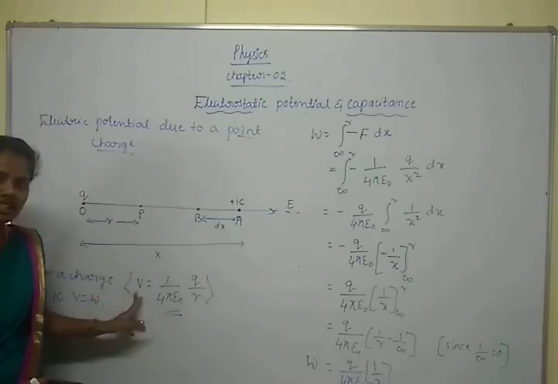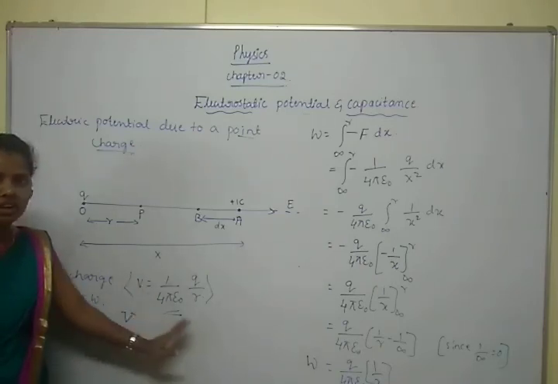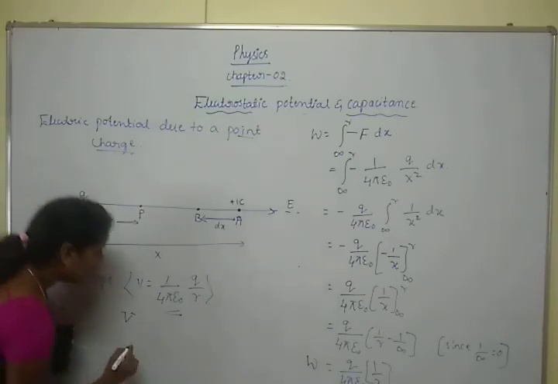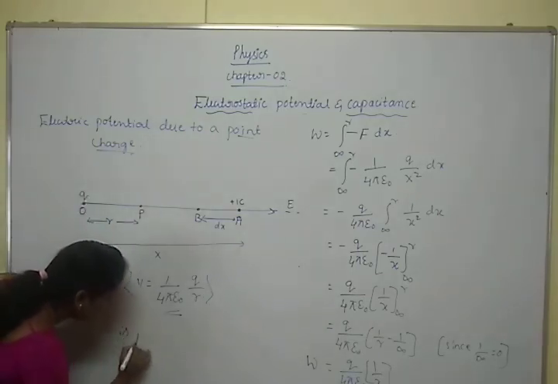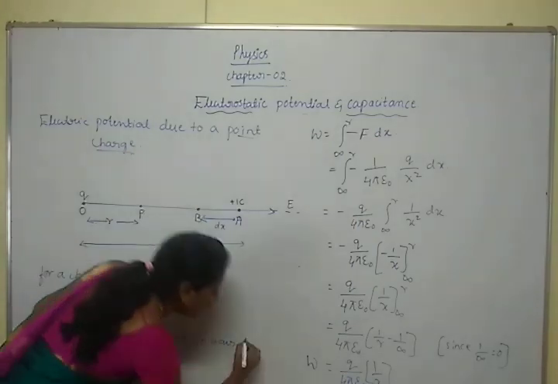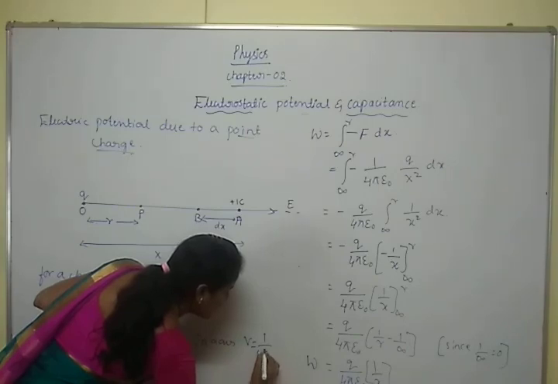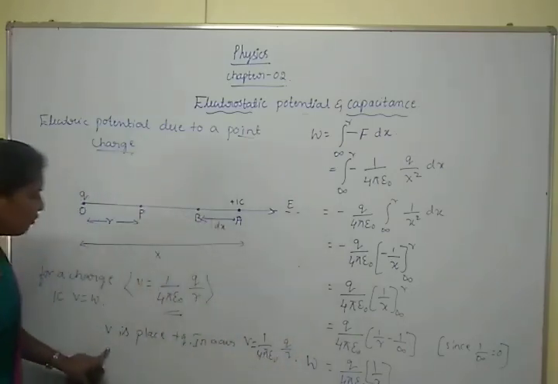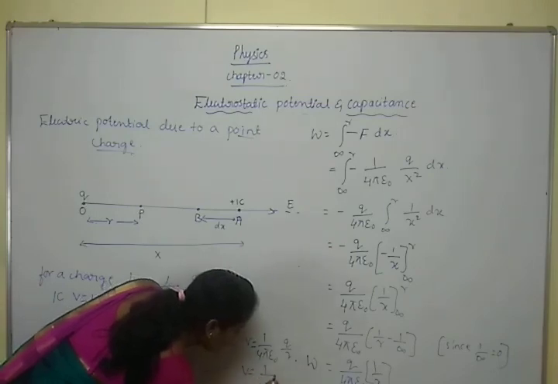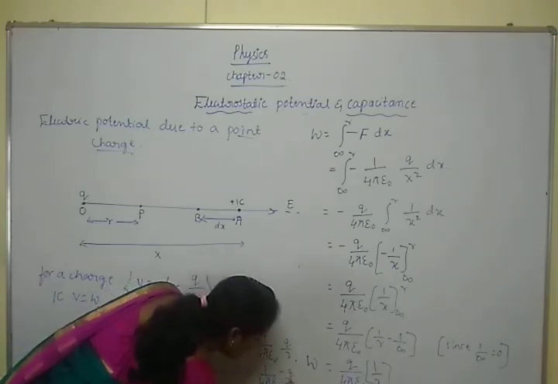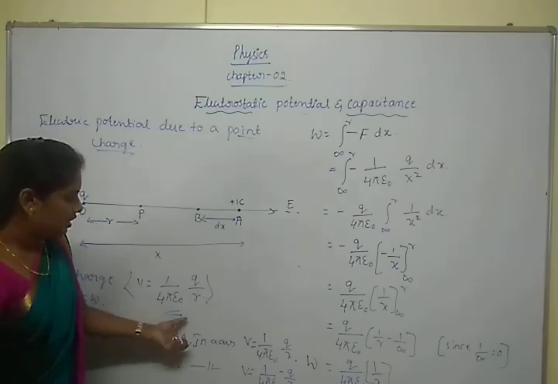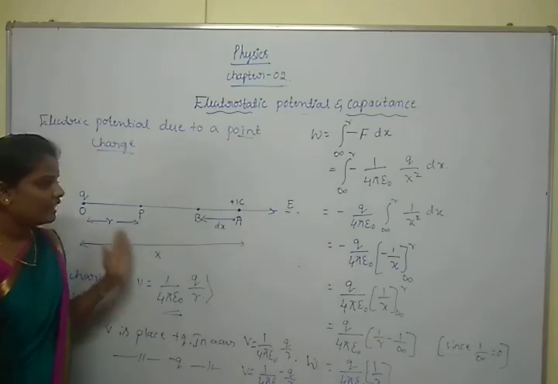Further, we can say that this is the potential difference between the points R and infinity. For a positive charge Q in air, the equation becomes V equals 1 over 4 pi epsilon naught Q divided by R. For a negative charge minus Q in air, the equation becomes V equals 1 over 4 pi epsilon naught minus Q divided by R. This is regarding the potential difference and the electric potential in an electric field.